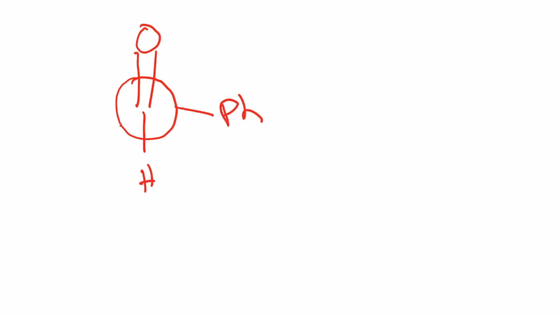If you draw out this conformation, the most important conformation, then you have the phenyl here, hydrogen here, and methyl here, and the nucleophile is actually attacking from here, as we described it.